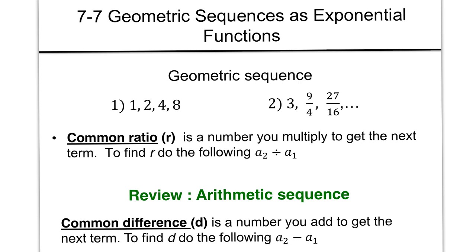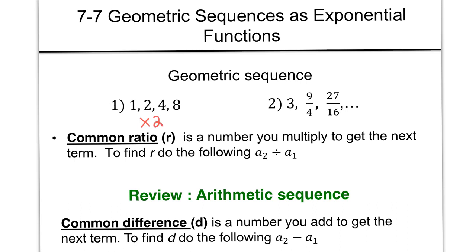If you look at the sequence on the screen, number 1, you have the numbers 1, 2, 4, 8, and it stops. If you look at the pattern, you have to be multiplying by 2. 1 times 2 is 2, 2 times 2 is 4, 4 times 2 is 8 in order to get the next number. So this is a geometric sequence. And I'm going to put here on the bottom that we are multiplying times 2.